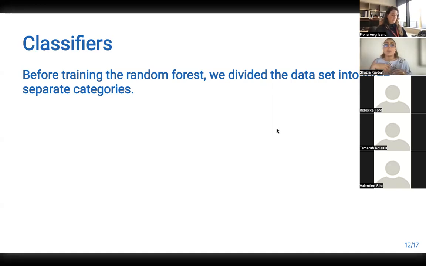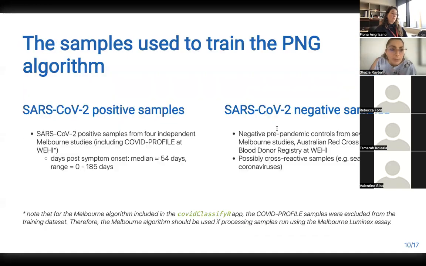With the positive samples in our data set, we had a range of days post-symptom onset. The median was 54 days, or about 2 months, but we also had up to 185 days, so we could go up to the 6-month mark.